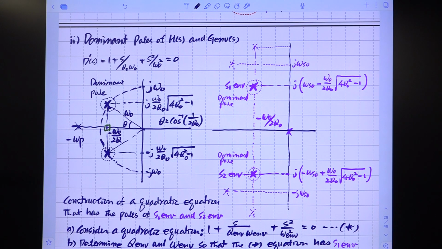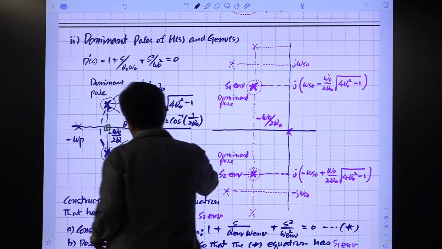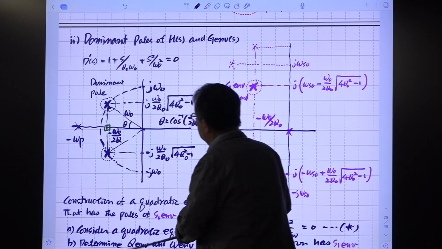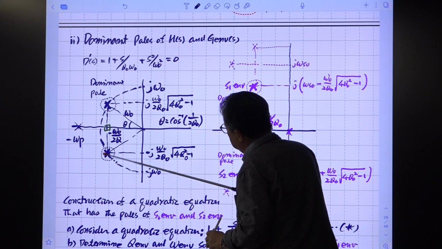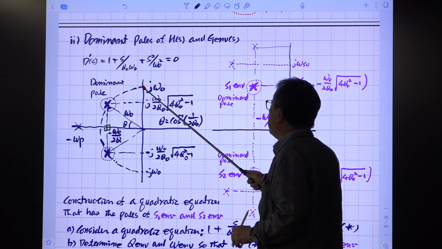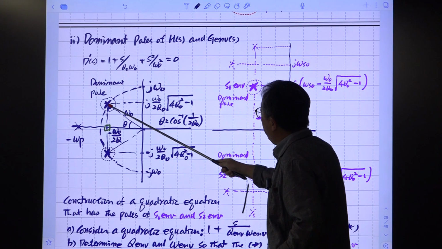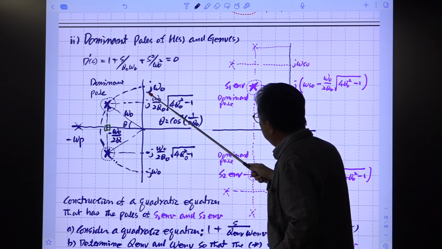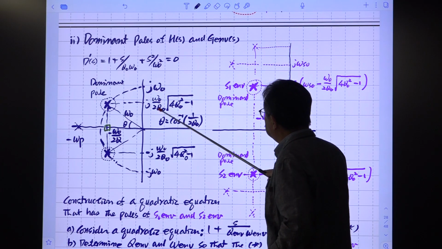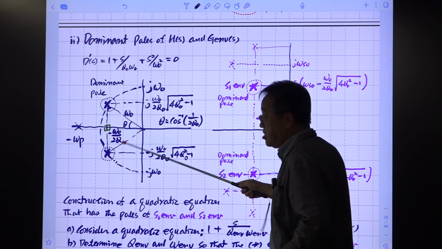This is a standard second order system. Okay, actually in a second order system, omega naught is here, and this is the circle, and this is the real axis of j omega naught, with the imaginary coordinate and the real coordinate.